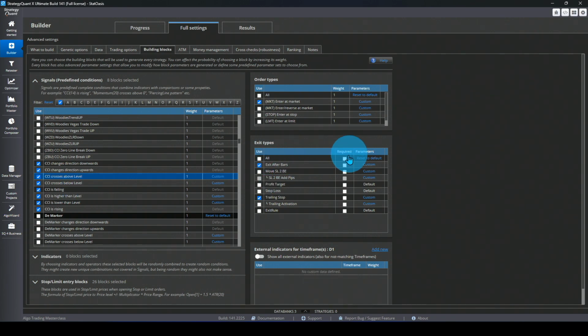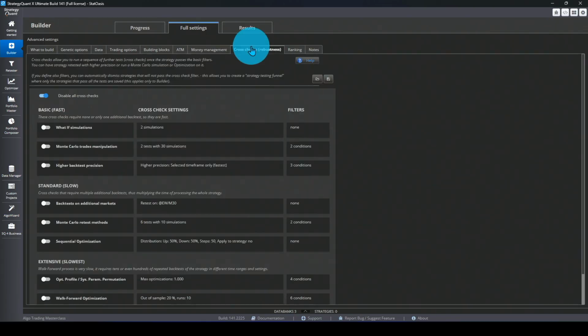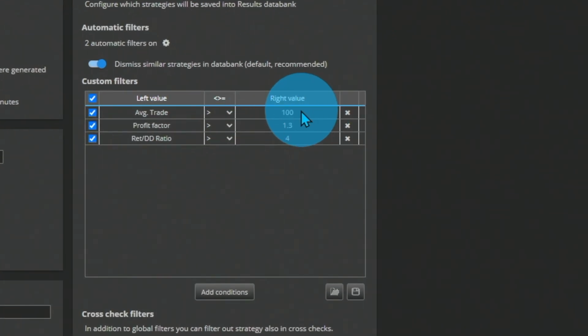And exit types, it's not required, but I did use exit after bars or trailing stop. We're entering at market. I'm only using a fixed contract. There is no cross-check. And in rankings, I'm going to store 5,000 strategies, and I'm requiring these conditions: 100 trades, 1.3 profit factor, return to drawdown 4.